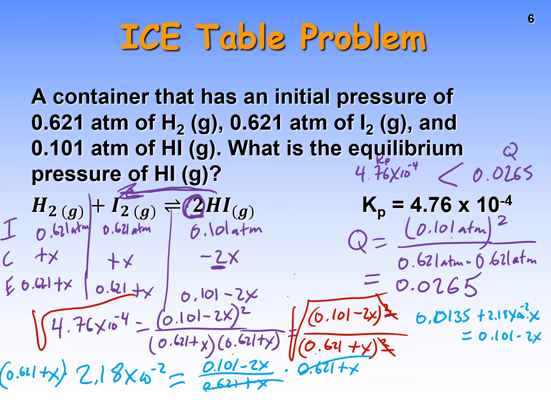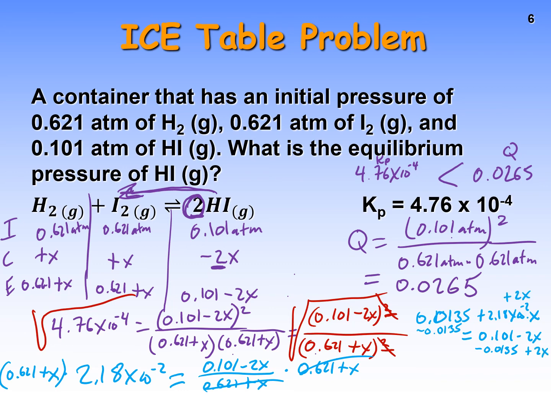So at this point, I can continue to solve here. I'm going to add 2x over and subtract over the 0.0135. Just doing some algebra here, right? So I'm going to subtract 0.0135 here, minus 0.0135 here. And I'm going to add 2x over here to both sides.